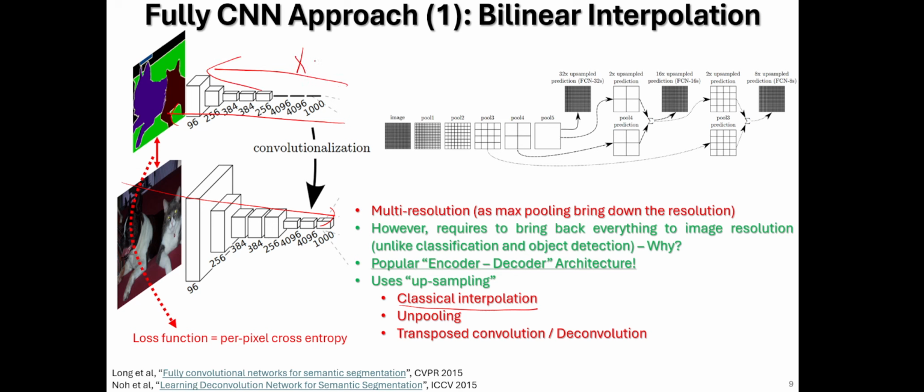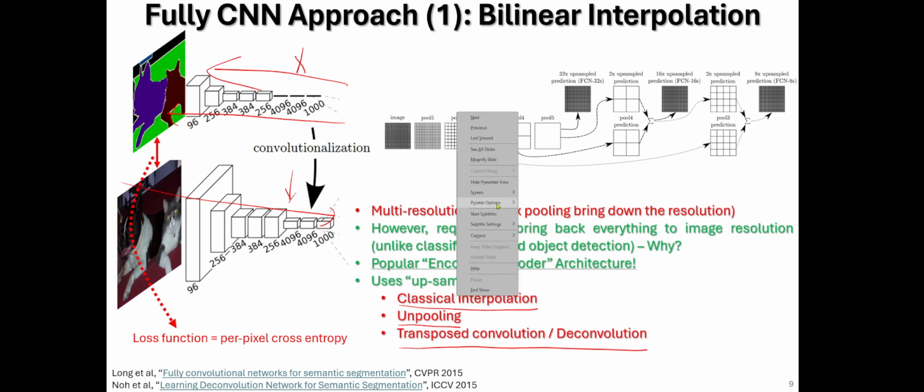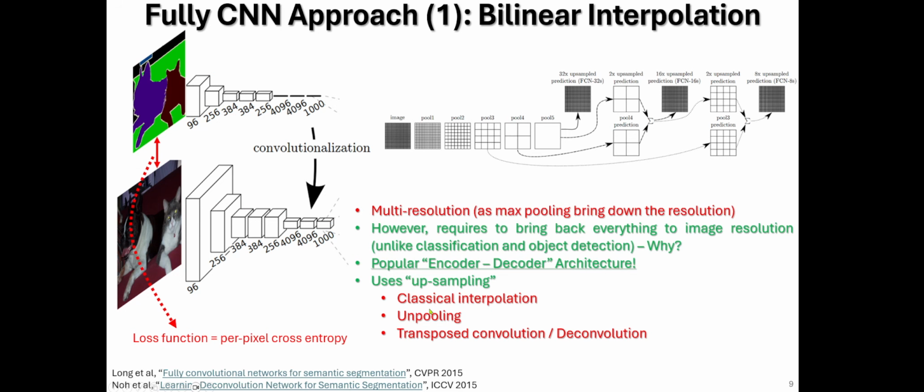There is no learning at all. The backpropagation happens only in the other part, in this particular paper. Another way is unpooling, where learning is introduced, so we'll discuss that. And then the most common, state of the art approach is transposed convolution. We'll explain this classical interpolation in a moment, and then go to the other 2 approaches to wrap up the discussion on semantic segmentation.